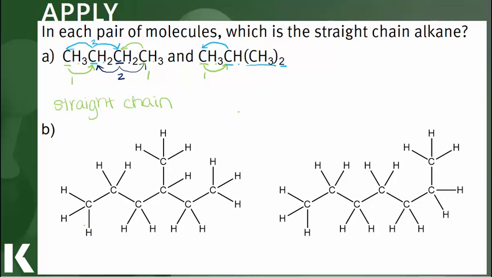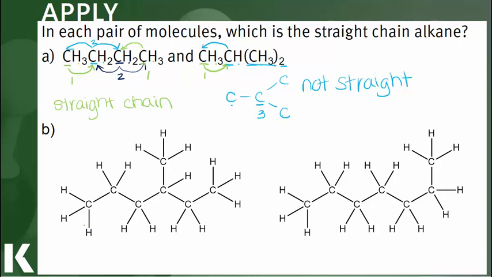What this means is that carbon 2 is bound to 2 separate CH3, also called methyl, groups. So we can sketch this out, and we see in this molecule, carbon 2 is connected to 3 other carbons. Since we found a carbon that has more than 2 bonds to other carbons, this is not a straight-chain alkane.